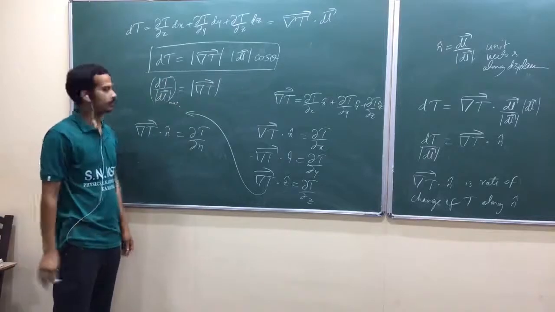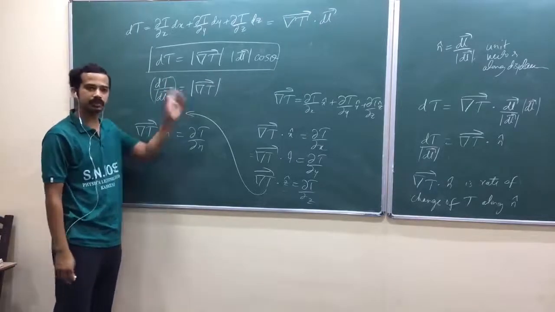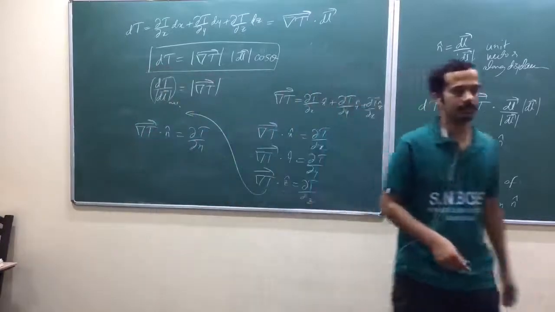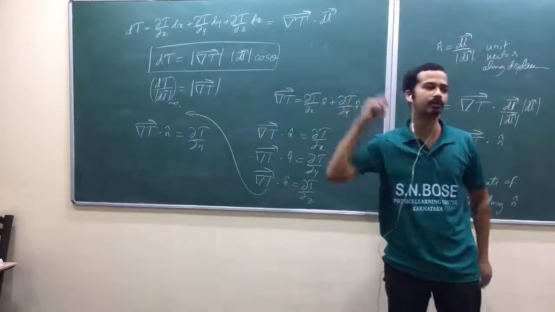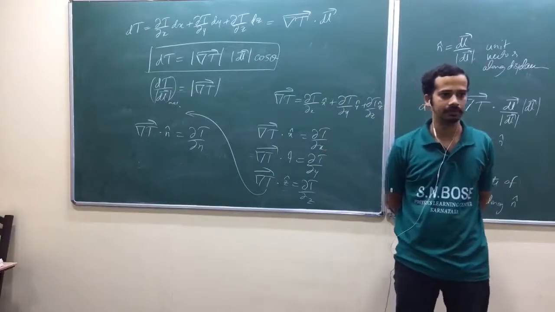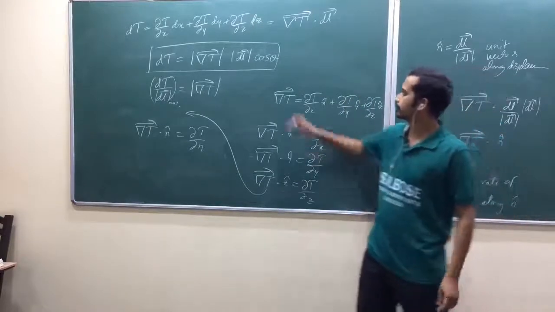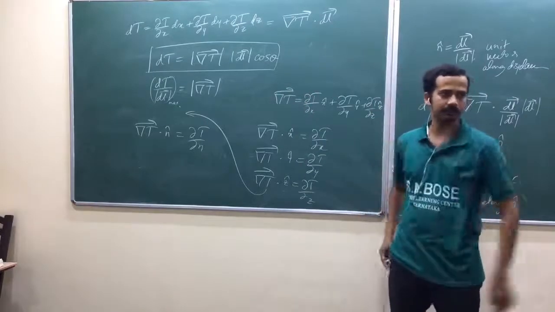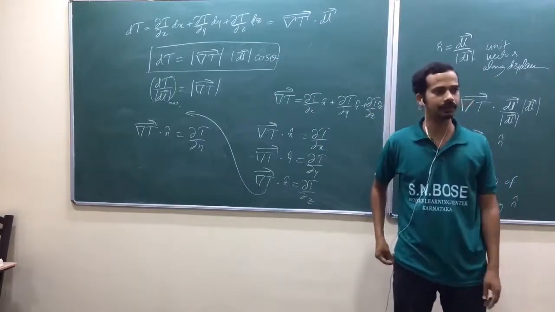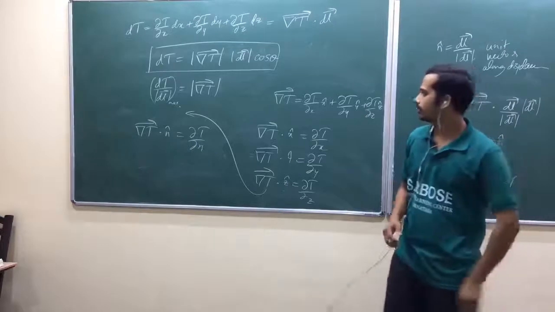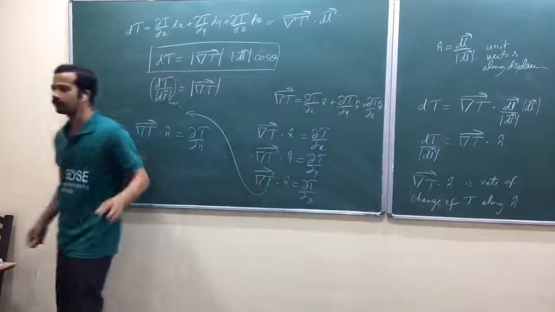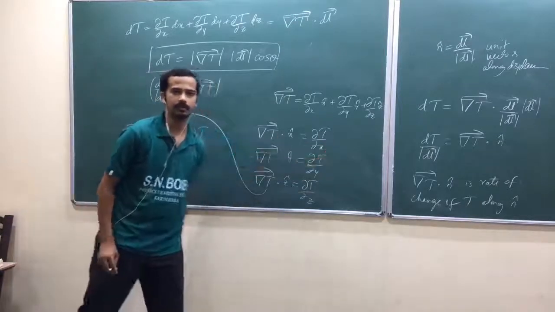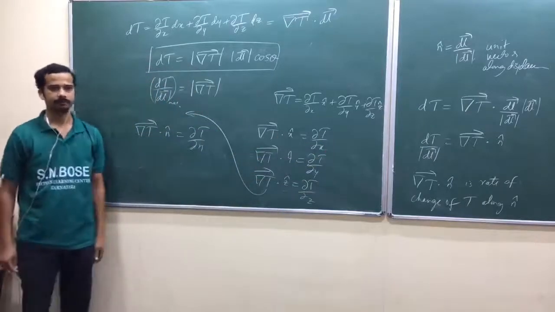The maximum rate of change is nothing but the gradient, and the direction is the direction of maximum rate of change. Whatever question arises, write down this equation and think of it, because our gradient definition started with it. If you keep the cos theta, or the dot product, that becomes the directional derivative.